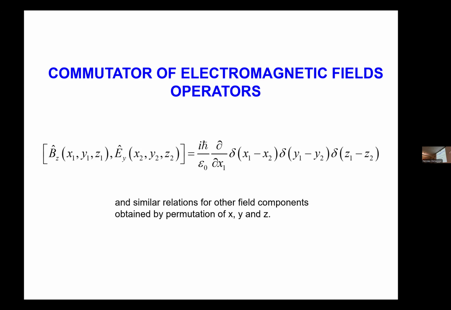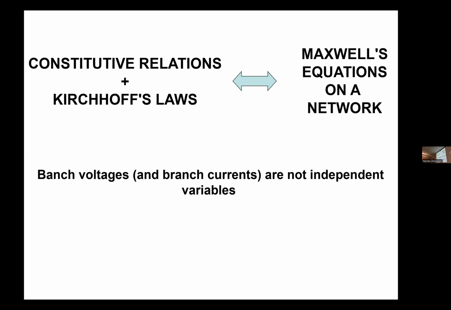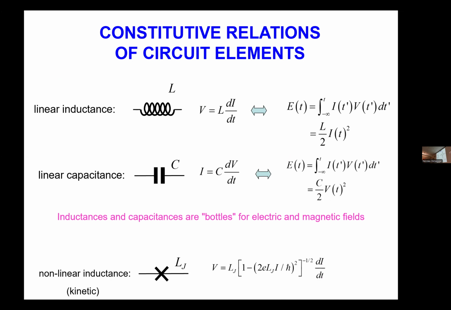But look, you have delta functions. It's never very nice to have delta functions, but it's the gradient of the delta function that enters in the commutator. So you could do all quantum circuit theory using this, but I find the other approach much more user-friendly.